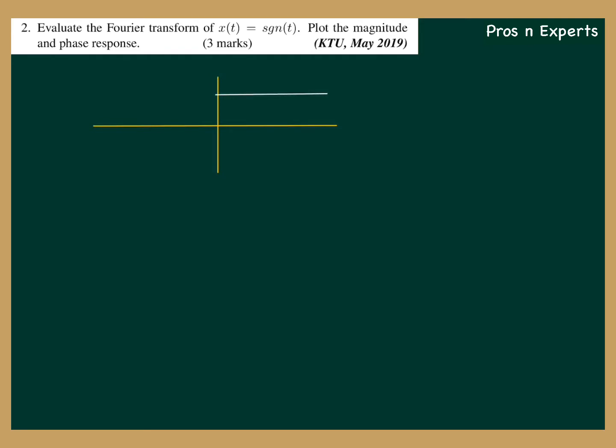Signum of t is 1 for t positive, and it is minus 1 for t negative. So this is t. I can draw signum of t as plus 1 for the positive side of t and minus 1 for negative values of t.